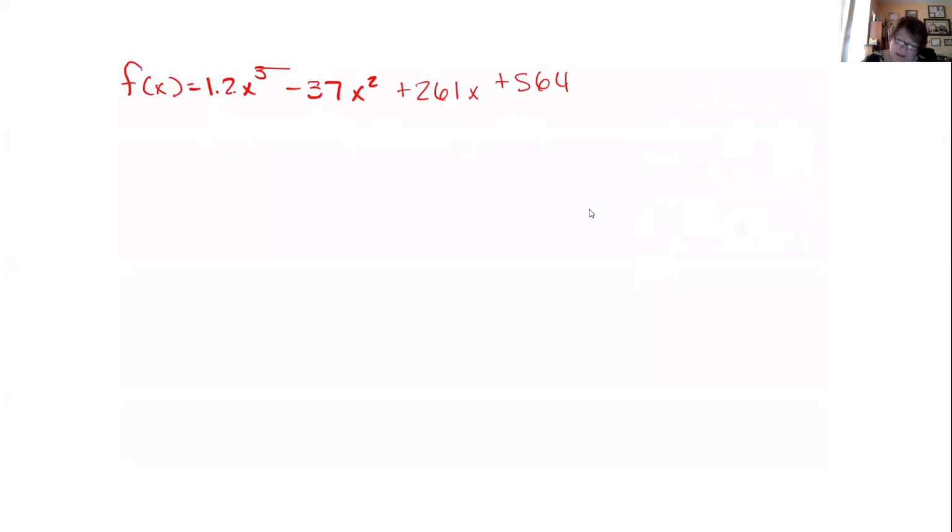If my whiteboard will cooperate. I wrote it kind of messy, so let me see if I can neaten that up a little bit.